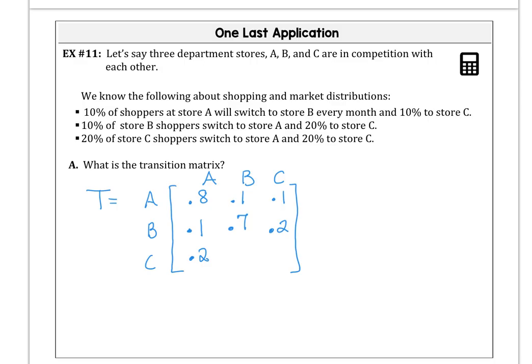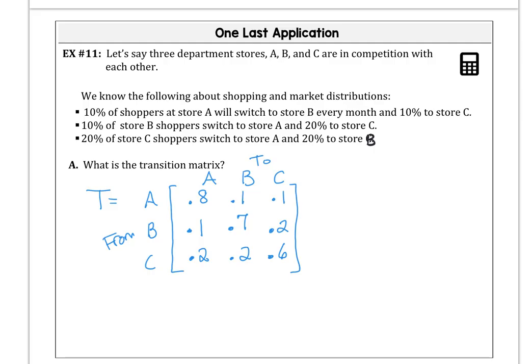We have a typo there. That should be store B. So 20% will switch to store B, that's going to leave 60% staying there. So we're going to start from here and go to here.